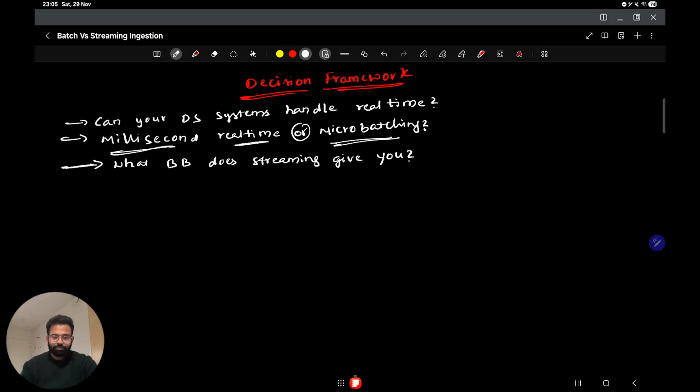And then moving on, you should understand what streaming actually costs you. We need to pay super close attention to the pricing or the costs involved in streaming, because with streaming ingestion, data is flowing continuously.